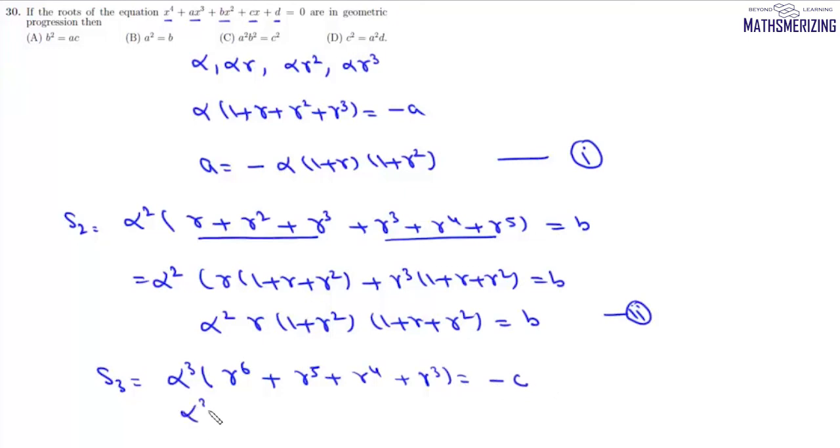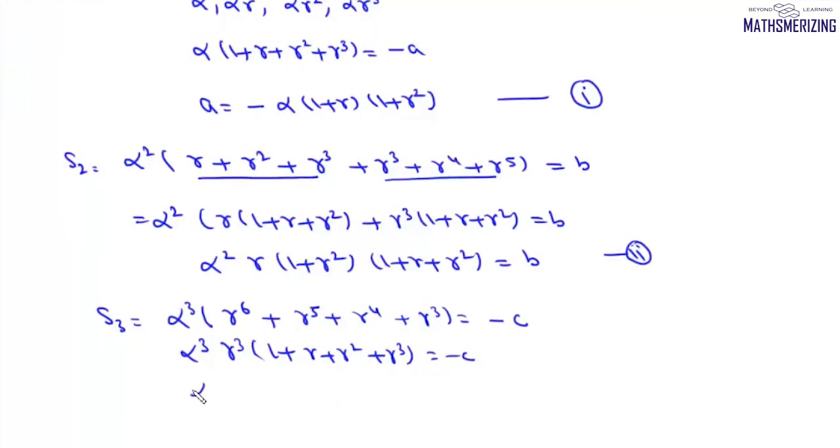So we'll get alpha cube and here it will be r cube into 1 plus r plus r square plus r cube equals minus c, which is alpha cube r cube into 1 plus r into 1 plus r square, and this value is minus c.